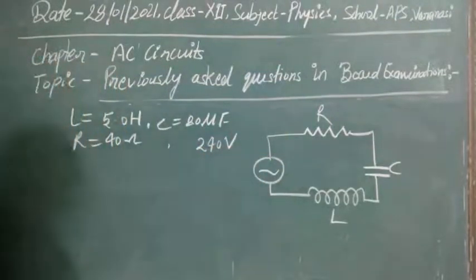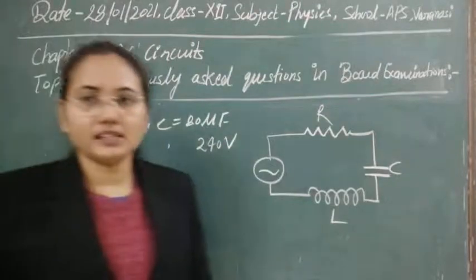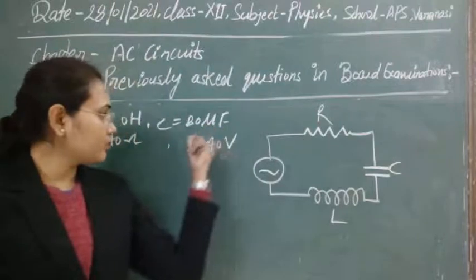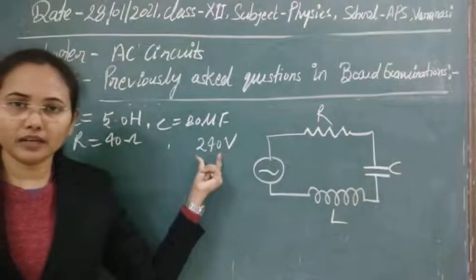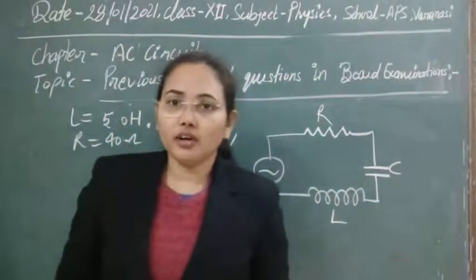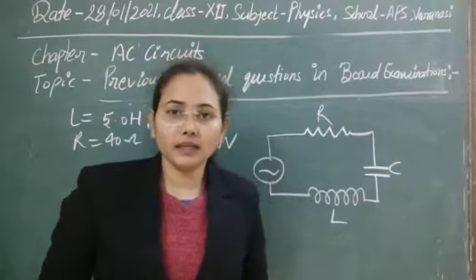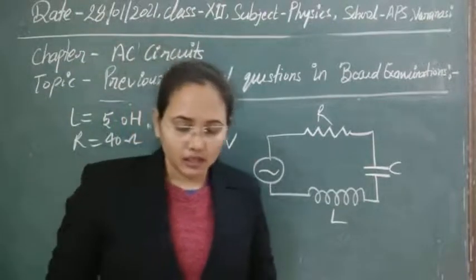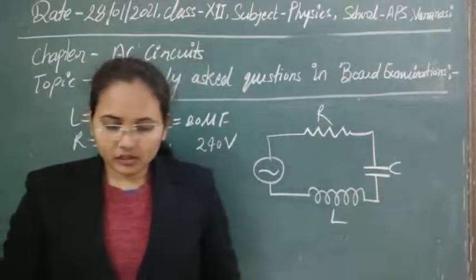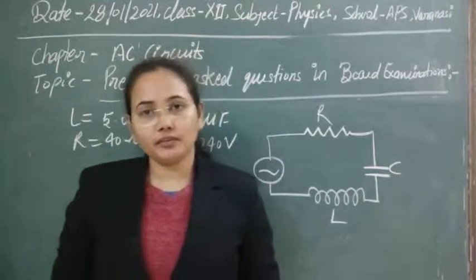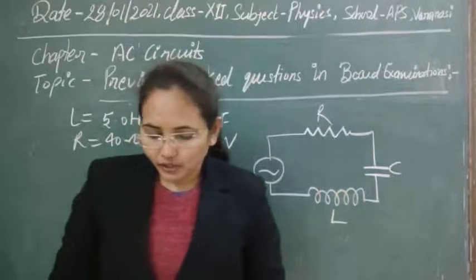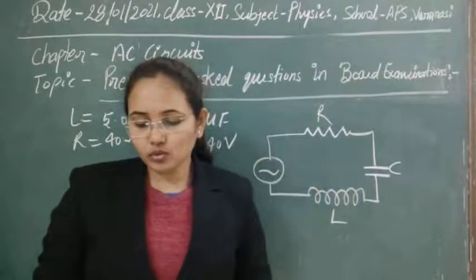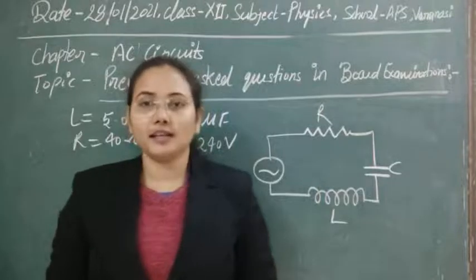As it is given that this is a variable frequency source, it means the voltage of the source is already given to us. First of all we can find the maximum value of the voltage or EMF here, or let's see what else we have to discuss; I will discuss it later. The first question is to calculate the angular frequency of the source which drives the circuit at resonance.